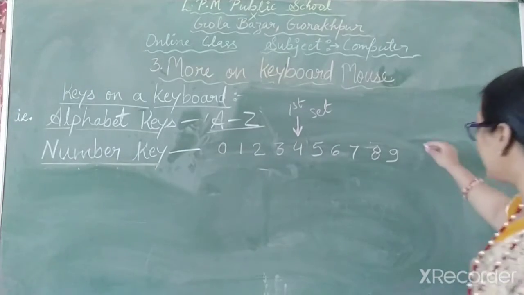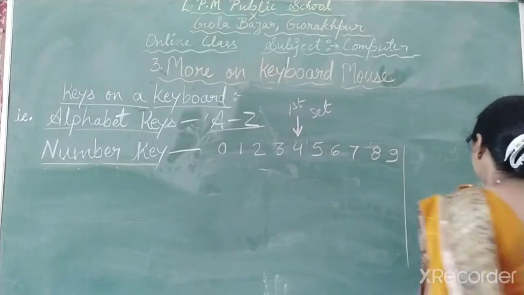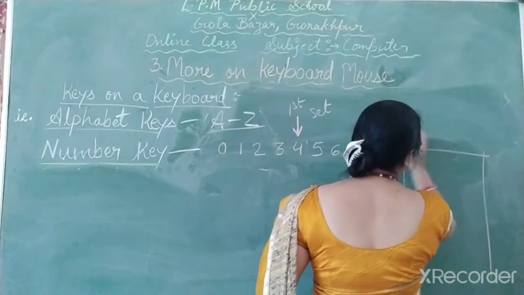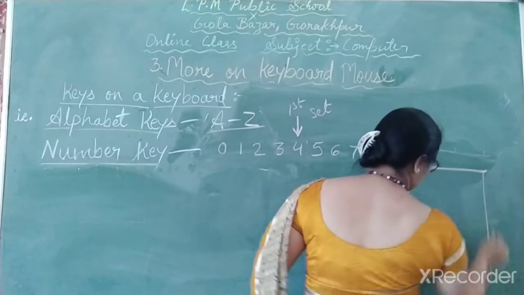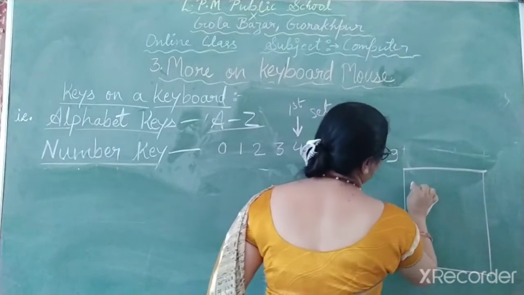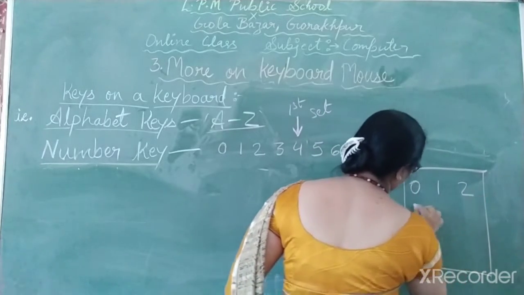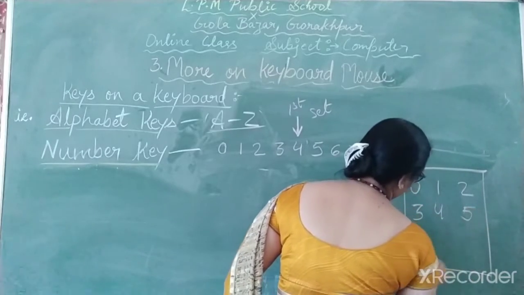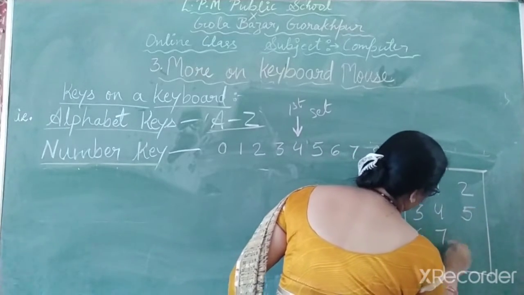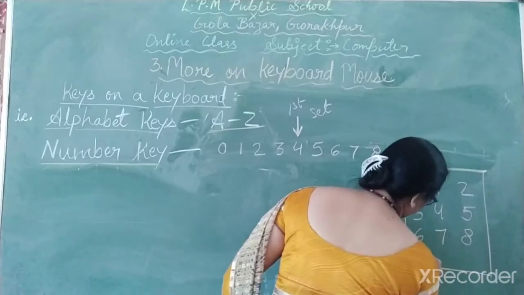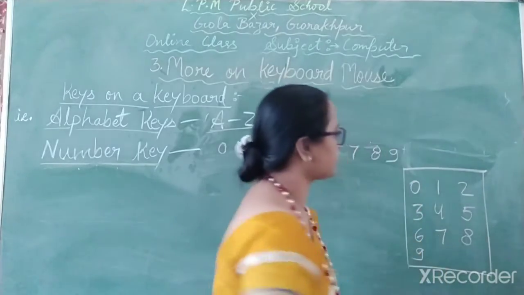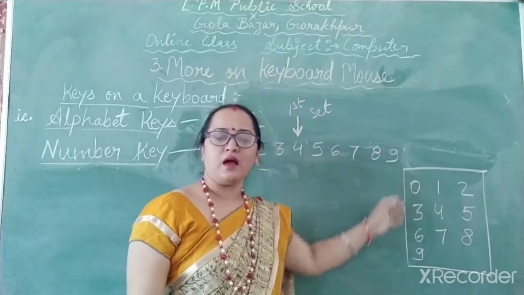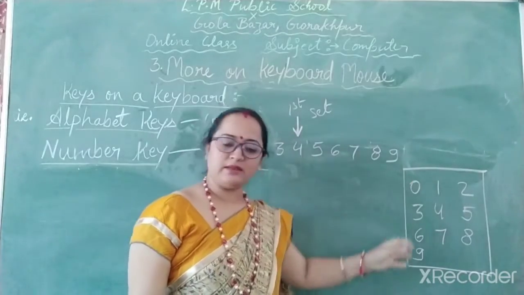And the other set is on this side: 0, 1, 2, 3, 4, 5, 6, 7, 8, 9. We have another set here.